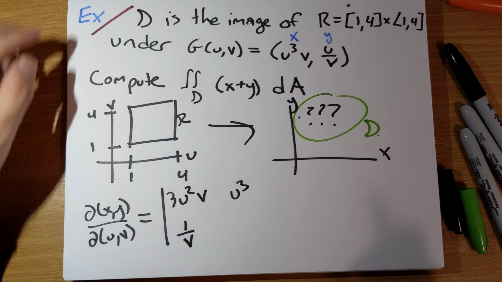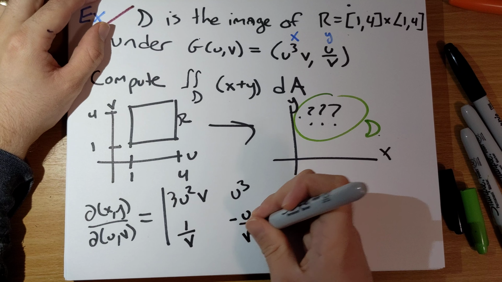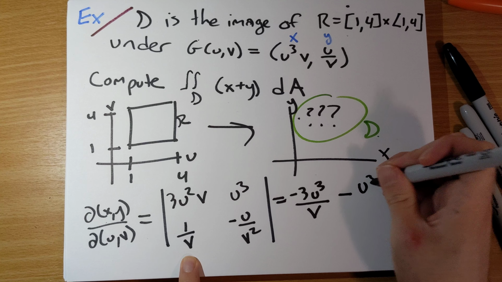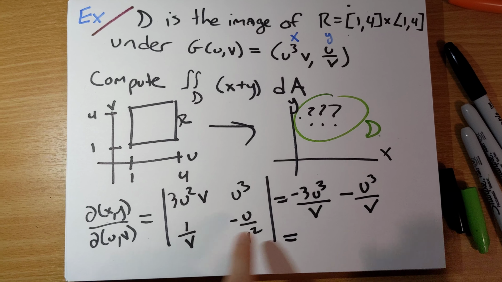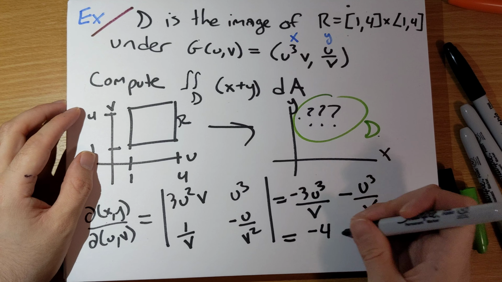The partial derivative of y with respect to v is negative u over v squared. And so when we do this times this minus this times this, we get negative 3u cubed v over v squared minus u cubed over v. Hey, we can combine this together to be negative 4u cubed over v.